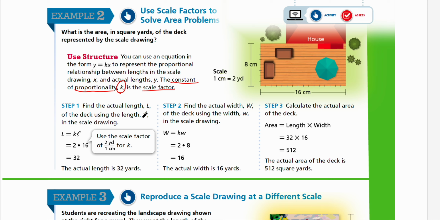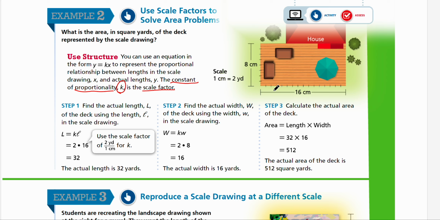So here we want to find the actual length of the deck using L in the scale drawing. We don't know the area, but we can figure it out later. We know that the length is twice as big as the width, right?